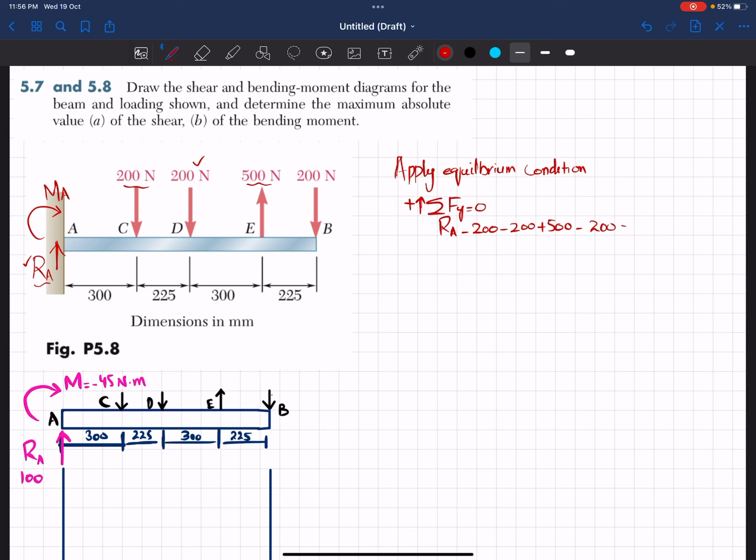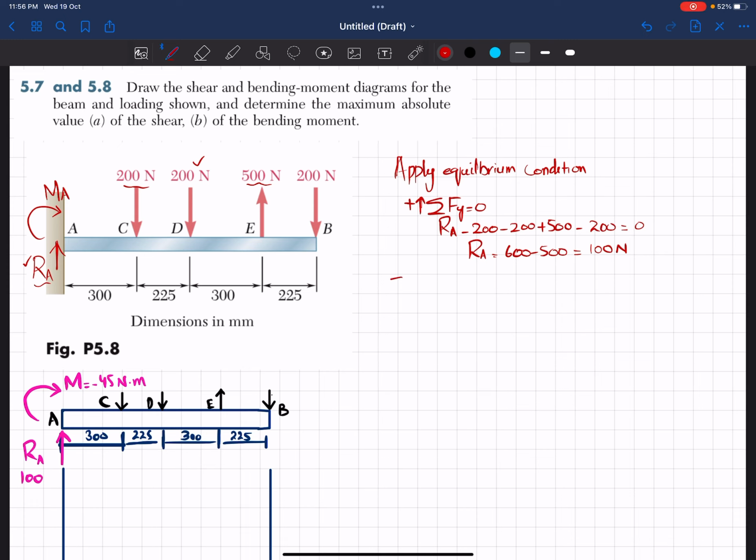Their sum must be equal to 0. So RA is equal to 600 minus 500, which is equal to 100 Newton. So RA should be 100 Newton.